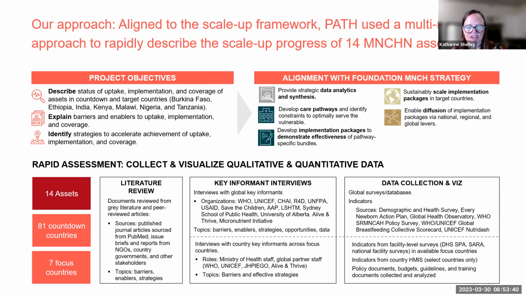So some of the indicators are coming from the global level, but then at the country level, some are coming from SPA surveys, SARA surveys, national facility surveys, or other resources, in some cases, indicators from the HMIS system, as well as looking across policy documents, budgets, guidelines, and other training documents as we think about what are the sources that we could use across that pathway to scale.